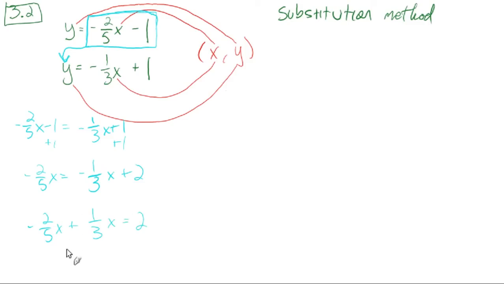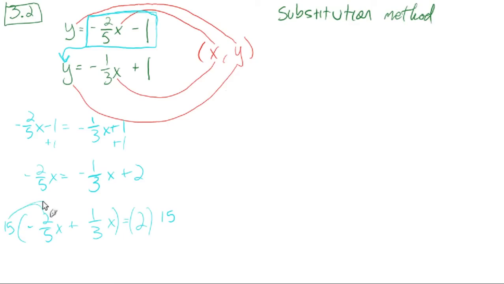We're going to need some common denominators here. We're going to have a common denominator of 15. Here, let me show you something that'll be really cool. The common denominator is 15, so let's just multiply both sides by 15.